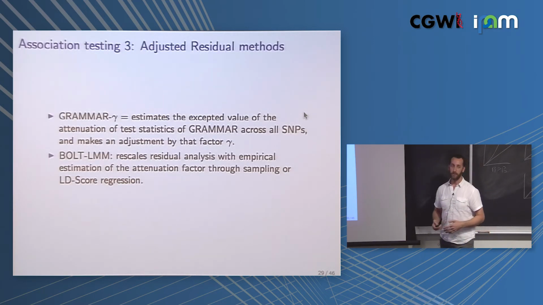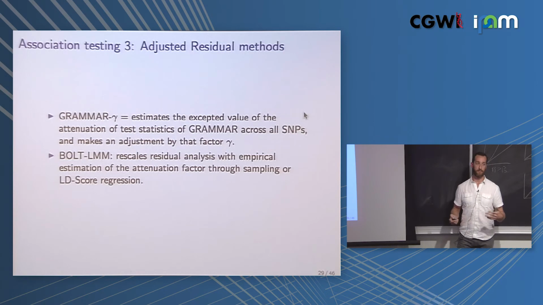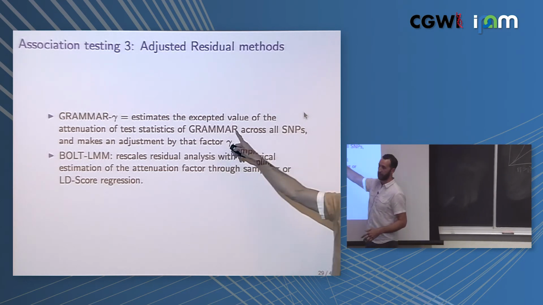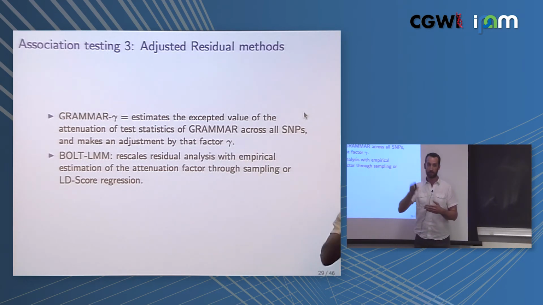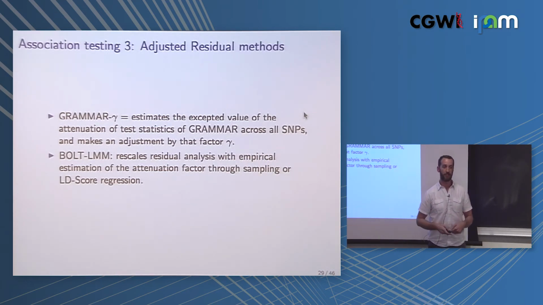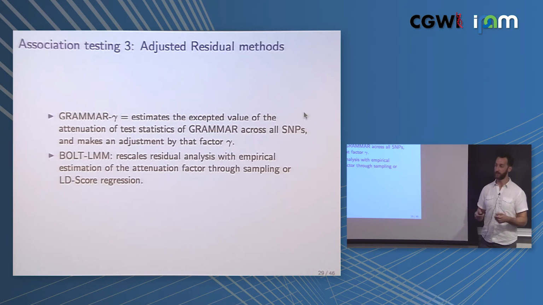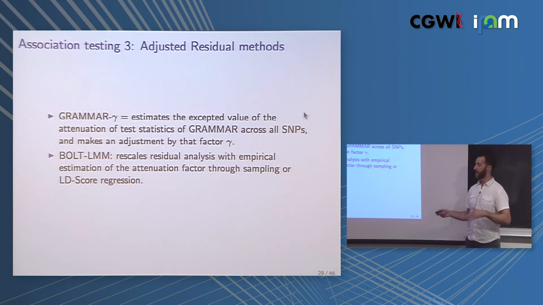So there were two papers that have relied on sort of an adjustment to account for this bias. The first is this Grammar gamma, and so they still are doing this regression, but they try to fit an average estimate of the error of what the denominator should be per SNP to get rid of the bias.